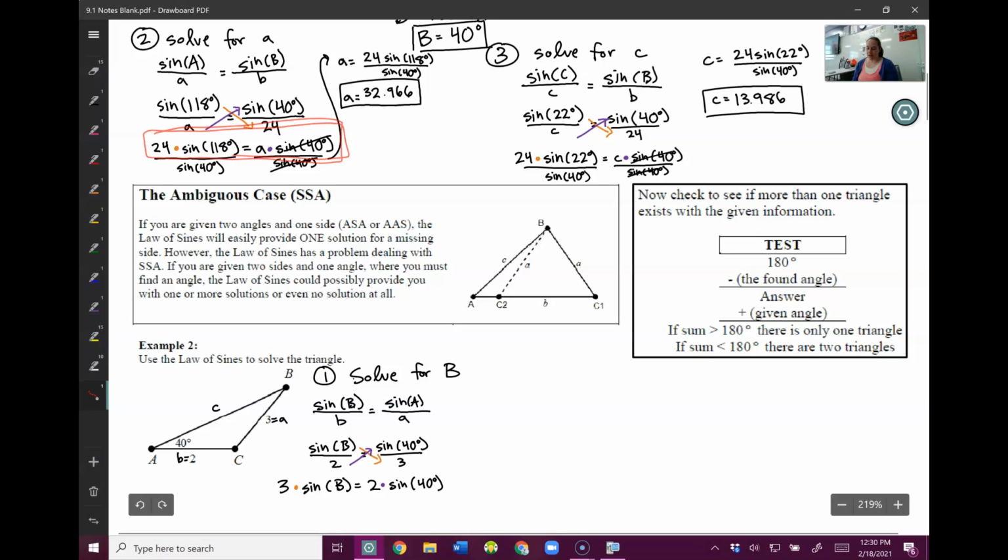My letter is a lowercase outside of the sine, versus down here, my letter is an uppercase inside the sine. Because our letter is in a different place, one is outside and one is inside, we're going to solve this problem differently than we did this one.